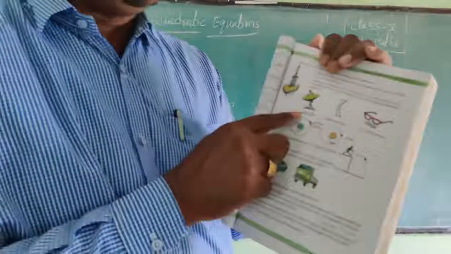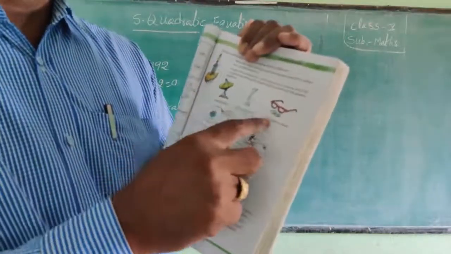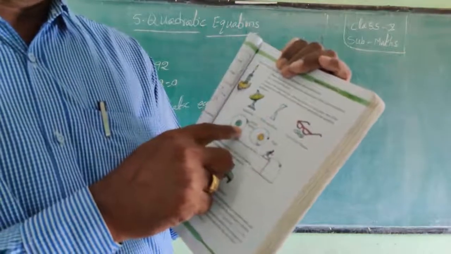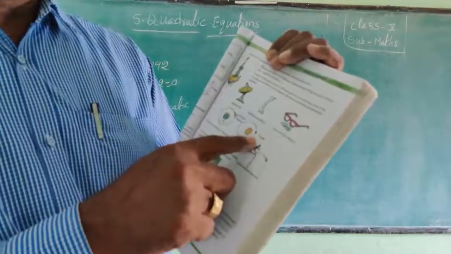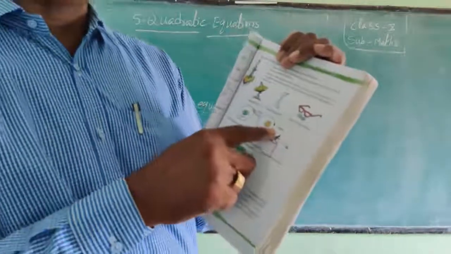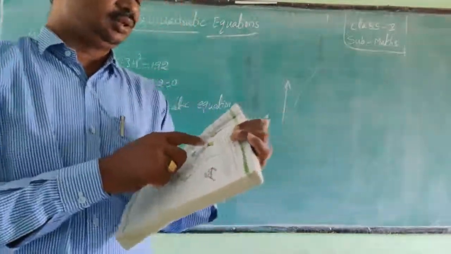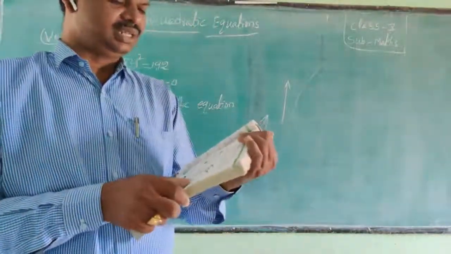See the satellite dish, reflecting mirror, lens of eyeglasses, artificial satellite, and earth or universe. The earth is rotating around the sun. So these shapes are defined by the quadratic equation.